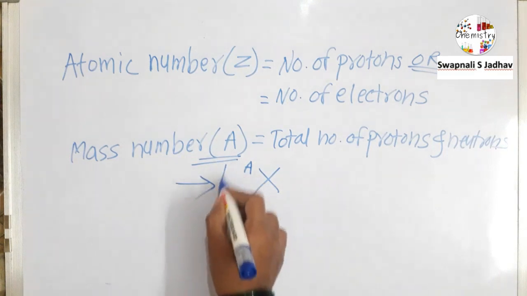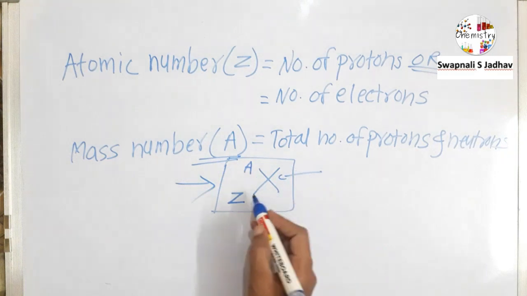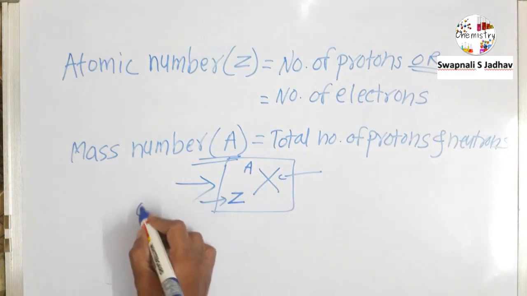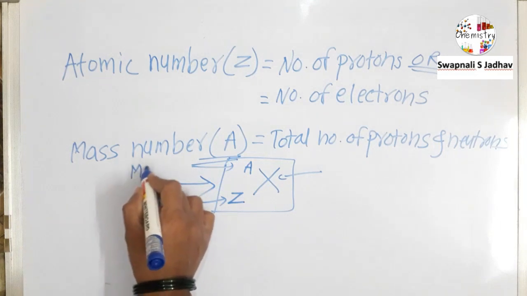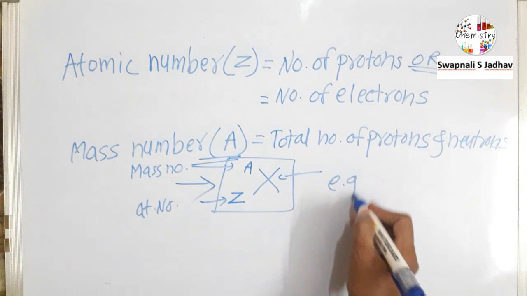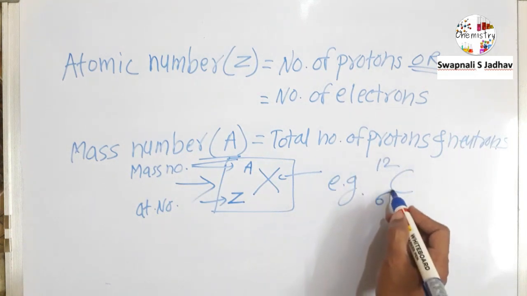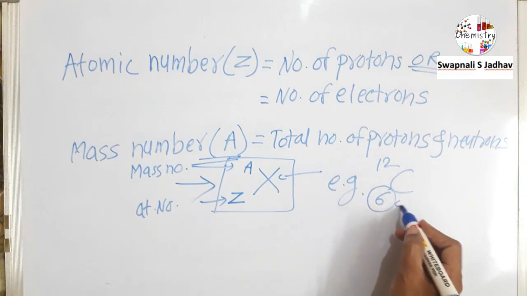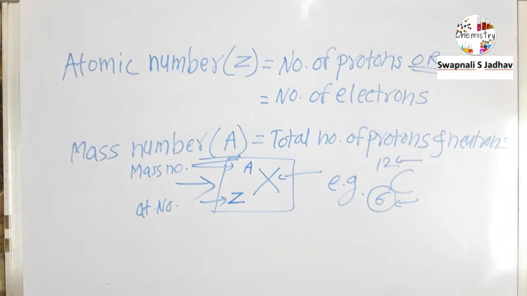X with Z and A, where X is element, Z is atomic number and A is mass number. For example, carbon 6, 12. So 6 is the atomic number of carbon, 12 is the mass number of carbon.